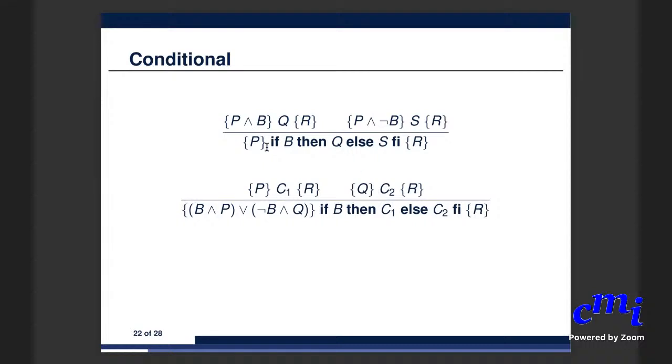Here I'm defining the thing in terms of starting with P. I can also do it by starting with a post condition R. If the weakest precondition for executing C2 is Q, and the weakest precondition for executing C1 is P, then the weakest precondition from which I can guarantee R is the disjunction of these two things. I'll show some examples to convince you of these things.